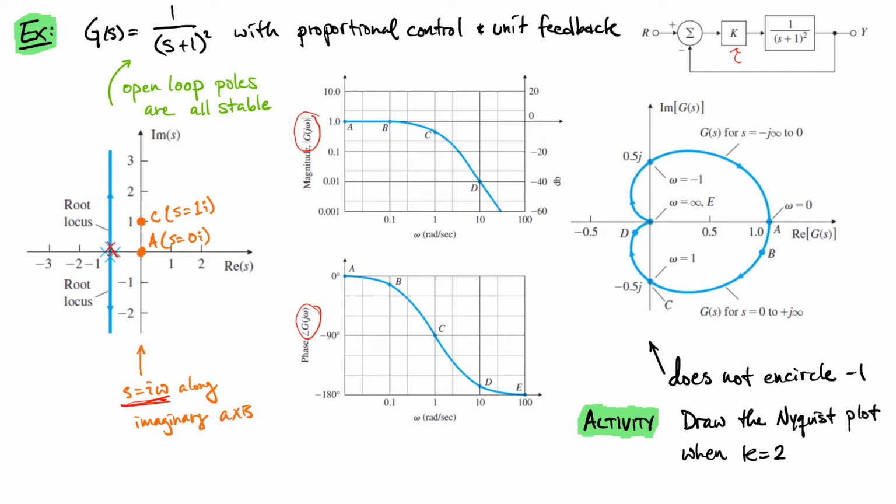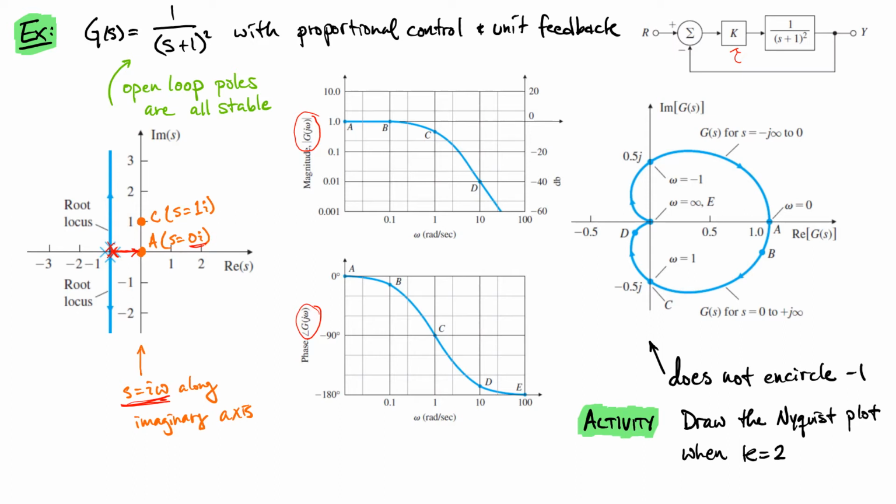When we start from the poles, the magnitude is the distance from those poles to a specific point. If we look at the point where omega is equal to 0, then the magnitude from each of these poles is the distance from s equals -1 to s equals 0, and that distance right here is just 1.